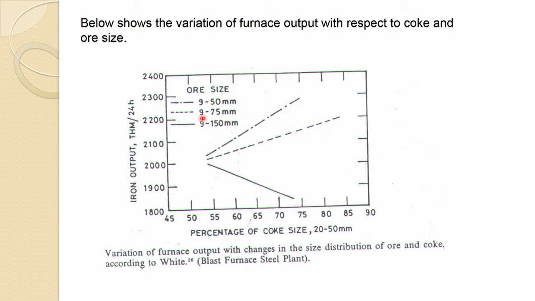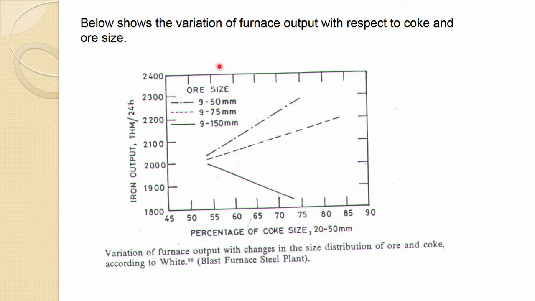And if this range is too high, say 9 to 150 millimeter, then it is a very bad situation. Then certainly the permeability will deteriorate quite a lot in that case, and certainly your iron output will decrease substantially with increasing coke size in this range.